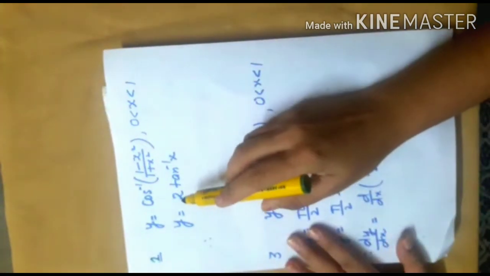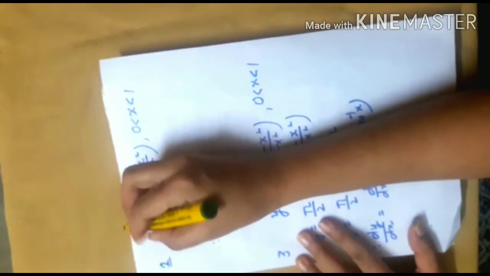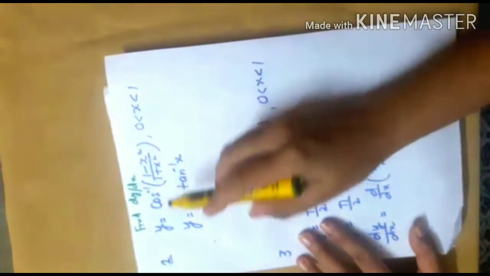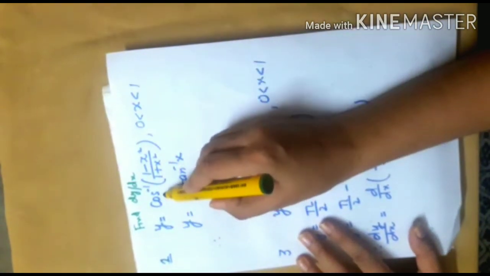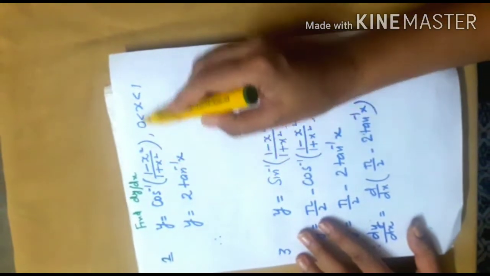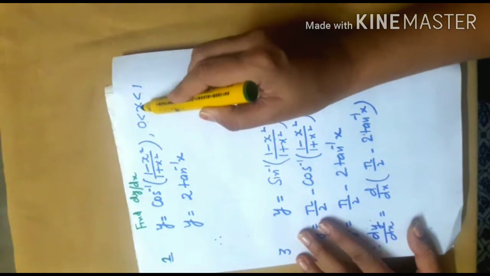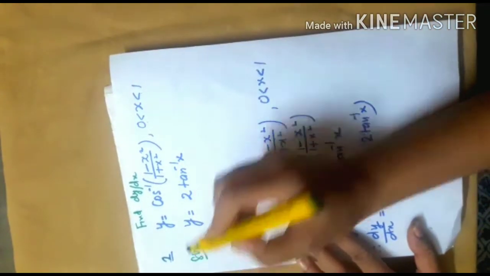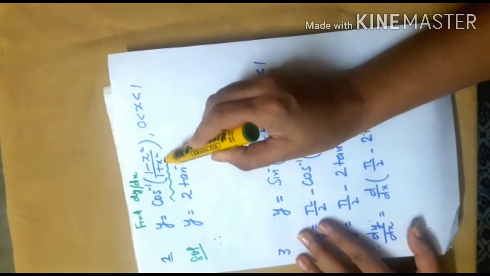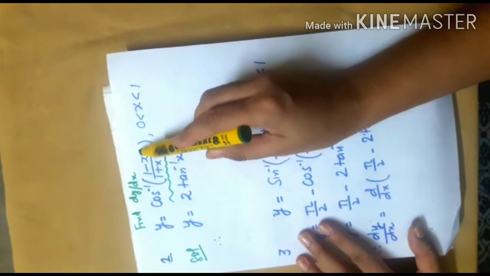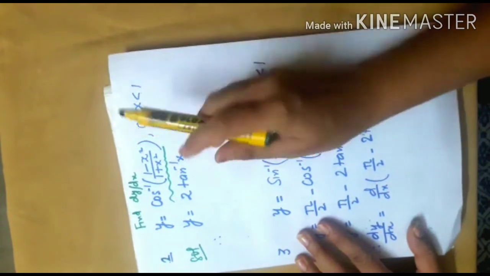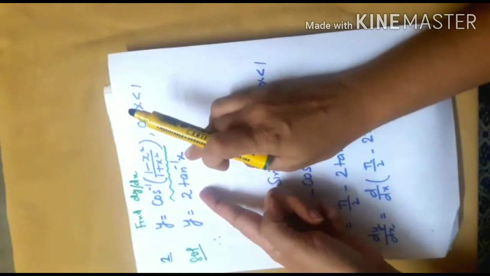Yes, let's take another question. We are to find dy by dx when y is equal to cos inverse of 1 minus x square over 1 plus x square, where x is greater than 0 and less than 1. Yes, in inverse trigonometric functions, we learned that cos inverse of 1 minus x square over 1 plus x square, when x lies between 0 and 1, is equal to 2 tan inverse x.